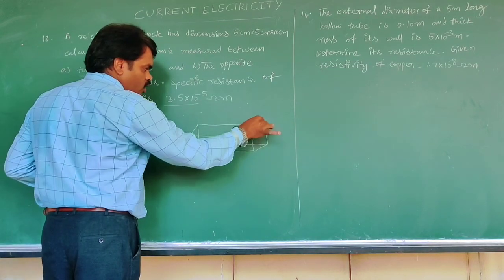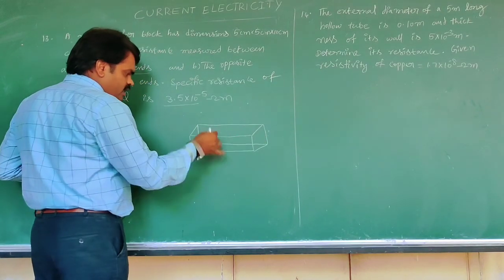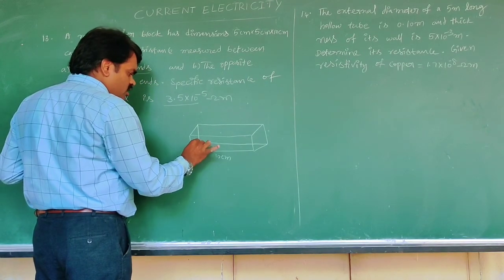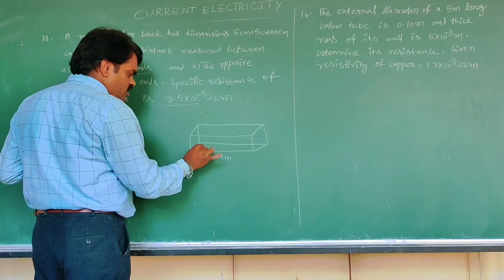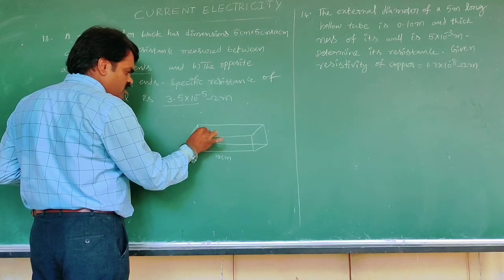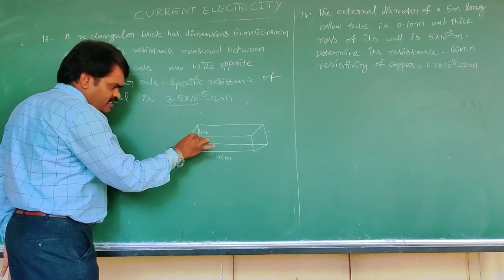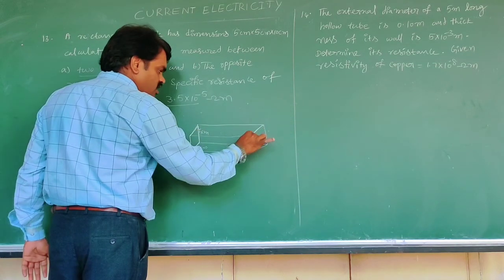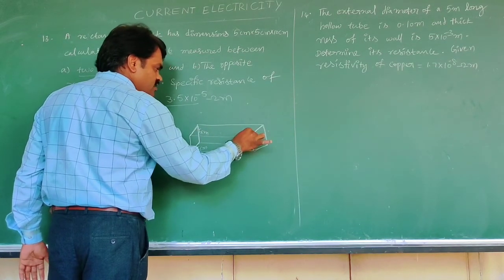This is 10 centimeters, and this is 5 centimeters. This is also 5 centimeters. Now these ends are the square ends.